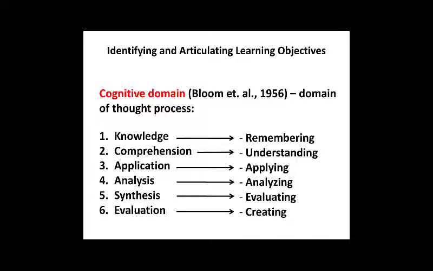Pero pag sinabi mo, at the end of the lesson, the students should be able to enumerate the different planets in the solar system. So the term enumerate is behavioral because it expresses an exact action that will enable the learner to exhibit or manifest or show or demonstrate his knowledge and will enable the teacher to measure the extent of knowledge acquired.